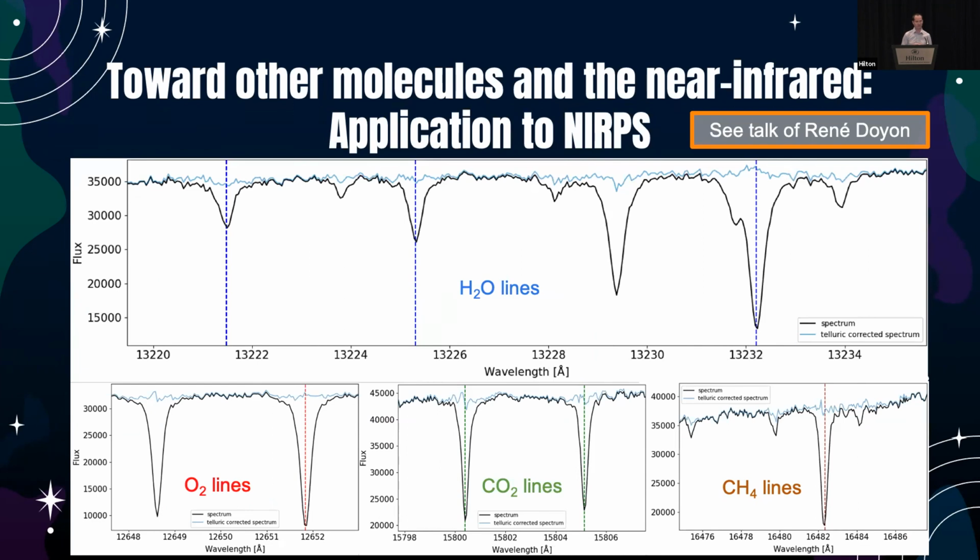You can see the quality of the telluric correction for all these molecules that will be delivered through the DRS pipeline of NIRPS. As mentioned by René Doyon yesterday, we also have a second pipeline, the EPRV pipeline from SPIRou, which has a similar telluric correction approach with complementary steps, and we are in very good agreement between the two results.